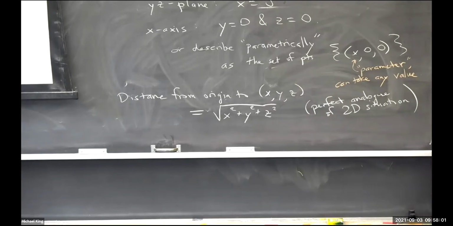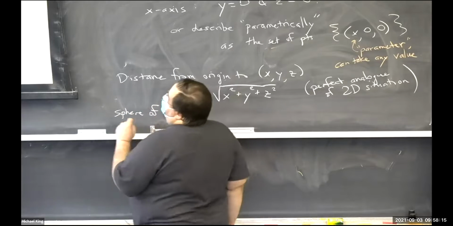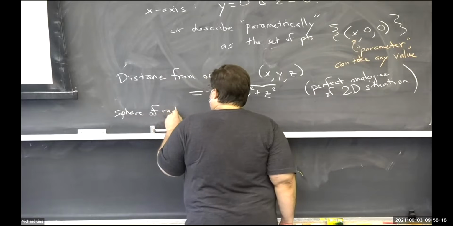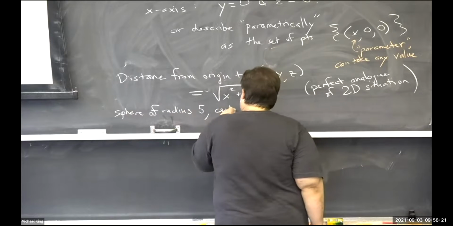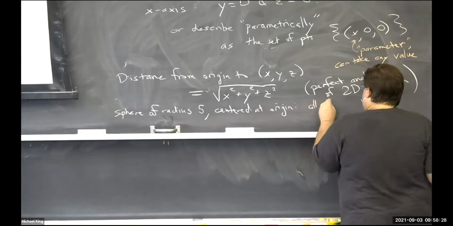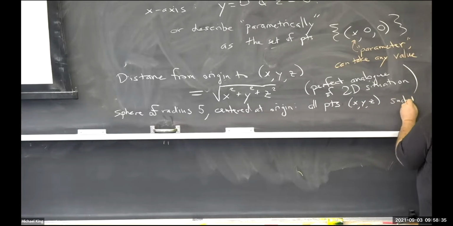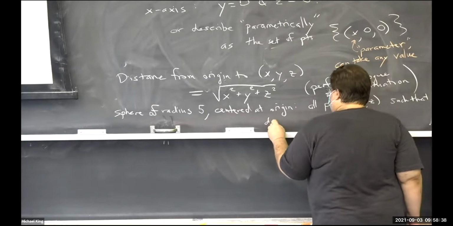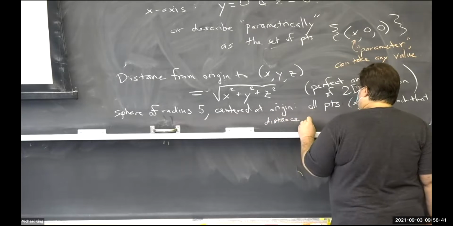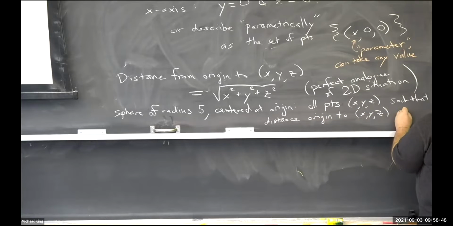And then when you want something like the equation of the sphere, number 9, the equation of the sphere of radius 5 centered at the origin, well, it's all points x, y, z such that the distance from the origin to x, y, z equals 5.